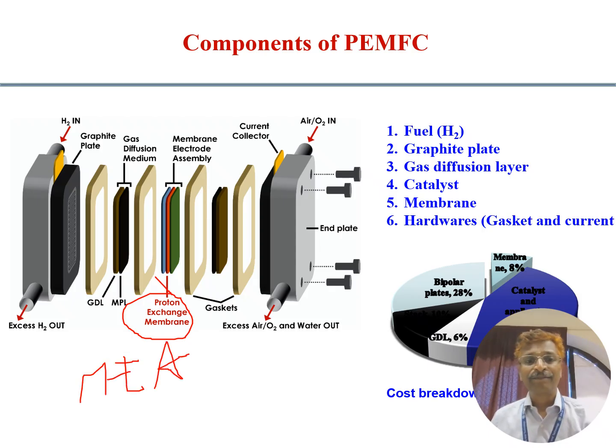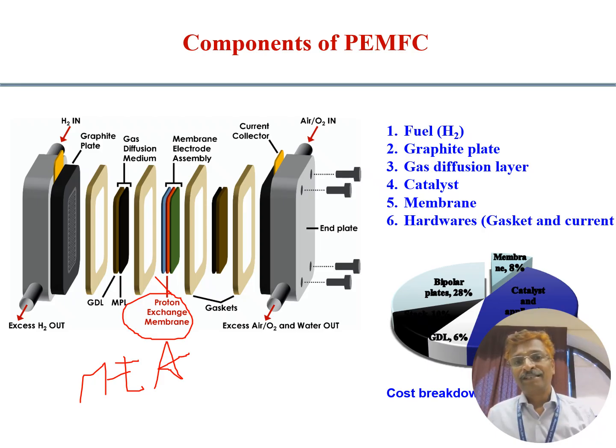So once the MEA is assembled, it will be connected with various gaskets, graphite plate, and the current collector. It should be attached with the anode and cathode, merged, and the whole setup is called a single cell.